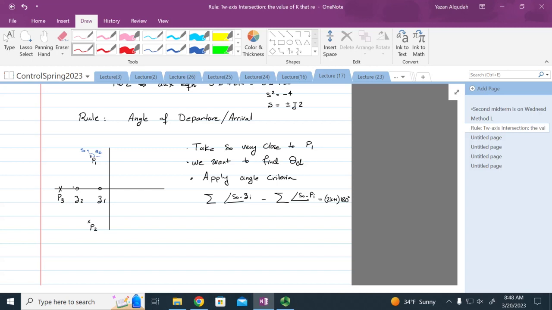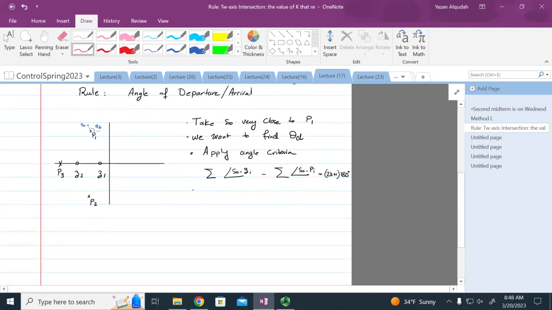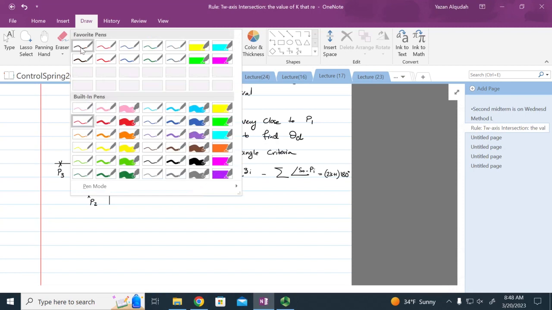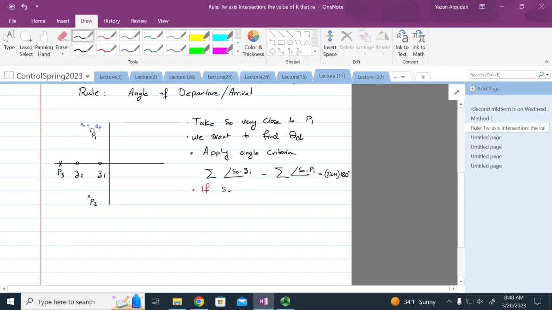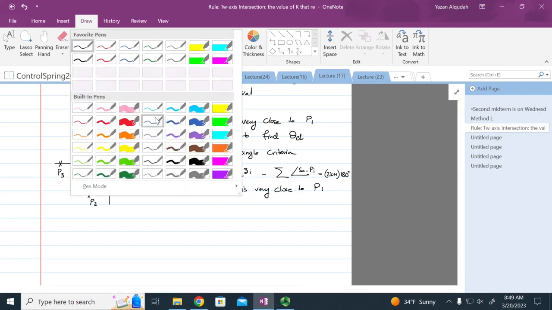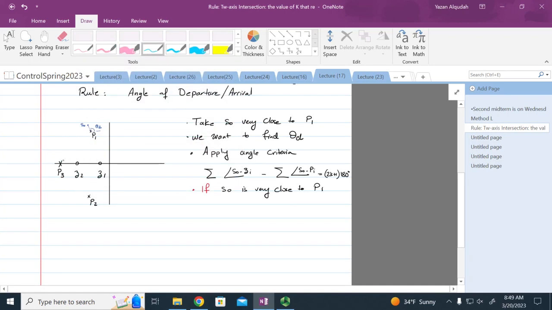Okay. So therefore, if S0 is very, very close to P1, and I came to P1 and found all the angles that P1 makes with the poles and zeros.